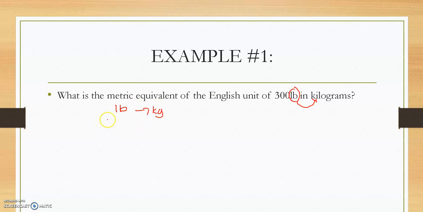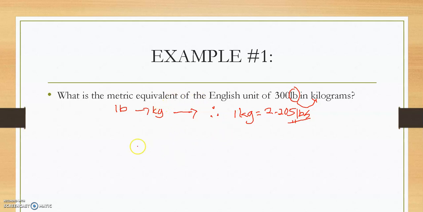Remember, take note that 1 kilogram is equivalent to 2.205 pounds. So this is the conversion factor in terms of pounds.